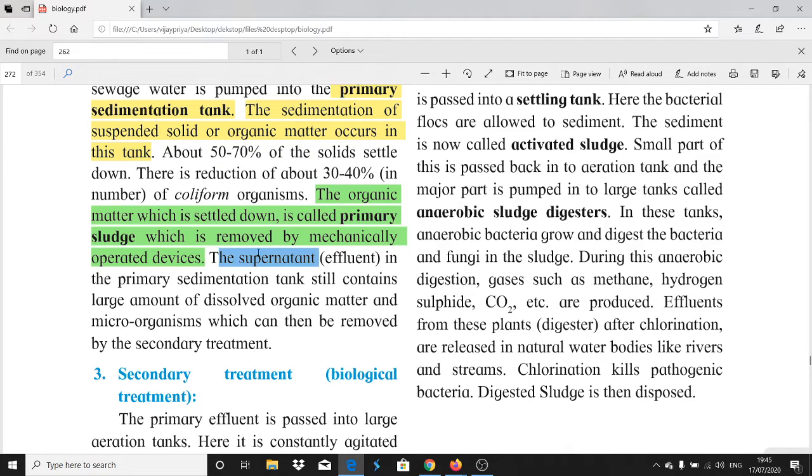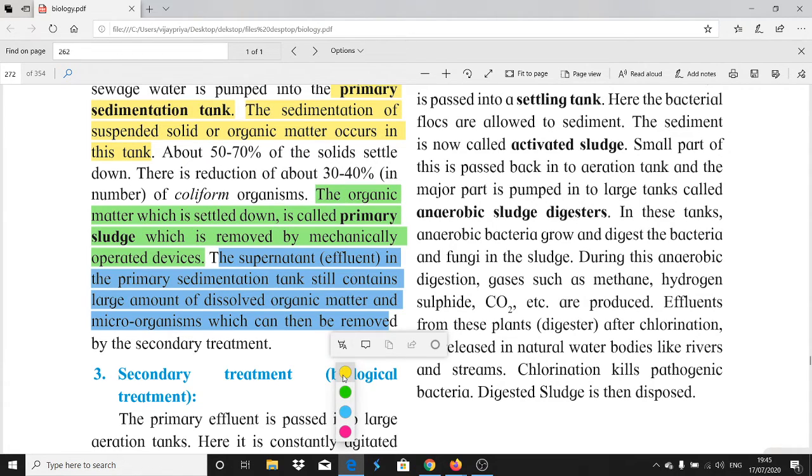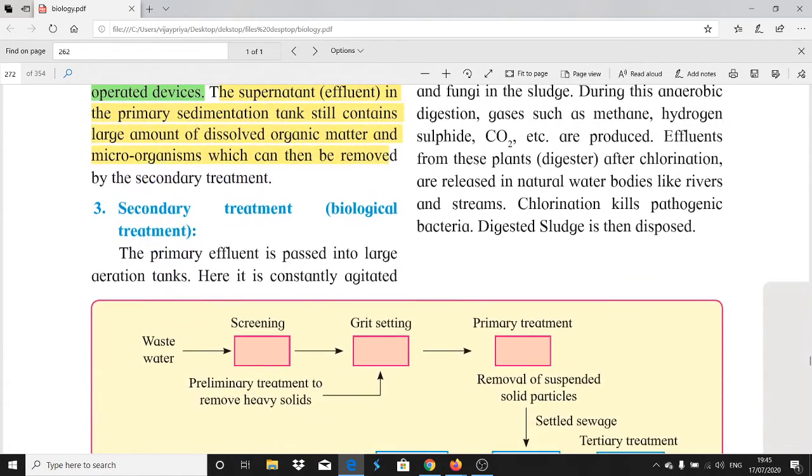The supernatant or effluent of the primary sedimentation tank still contains a large amount of dissolved organic matter and microorganisms, which are then removed by the secondary treatment. So they are further allowed for the secondary treatment.